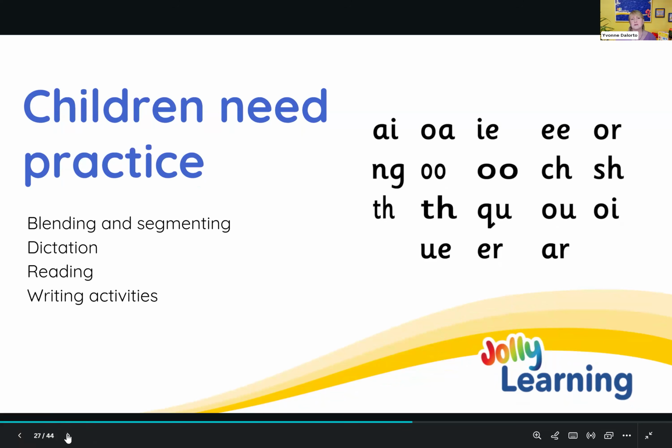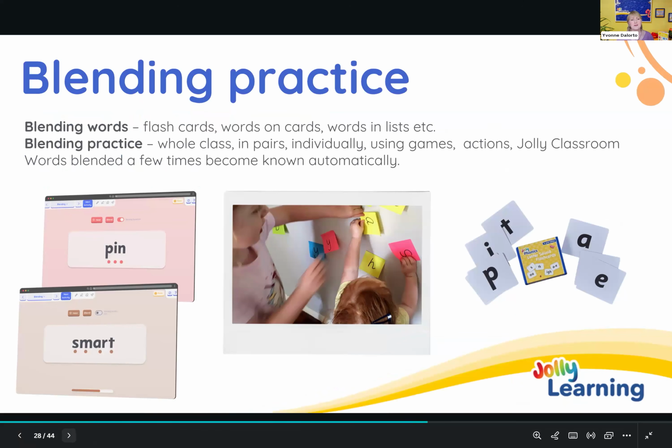So let's have a look at the way we progress. As you can see here, we have the Jolly Classroom slides where we've gone from doing CVC words to children looking at digraphs in practice. The dots are helping them identify, but they also need to be doing blending words and blending practice.